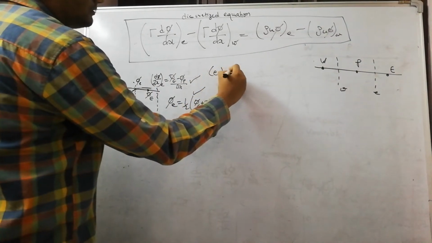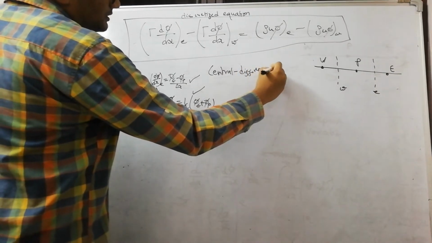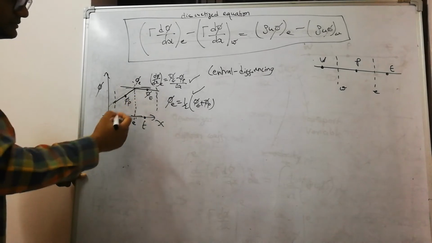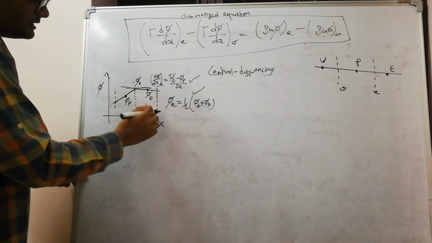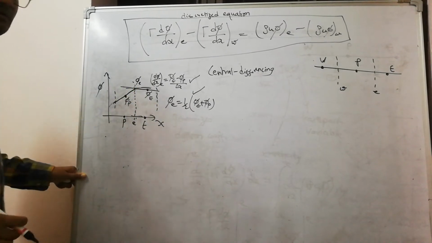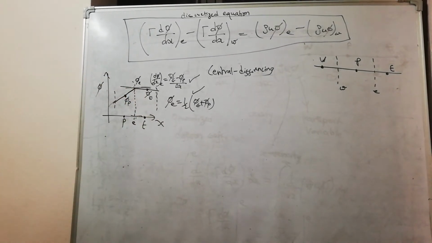Central differencing is this concept where I am saying that my profile is varying linearly. I can use line equations to find these mid values, that is, the values at the interfaces.